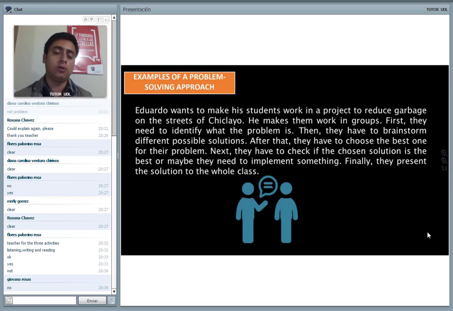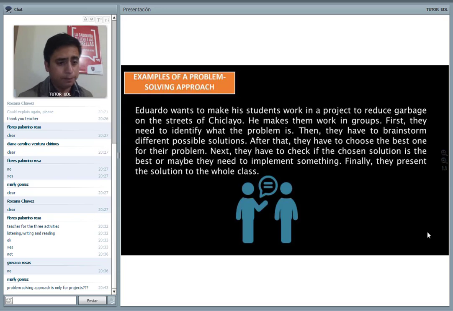So maybe you can use this approach with the students of the 3rd, 4th, and 5th grade of high school. And of course, this kind of approach makes students think critically. So any questions about a problem-solving approach?